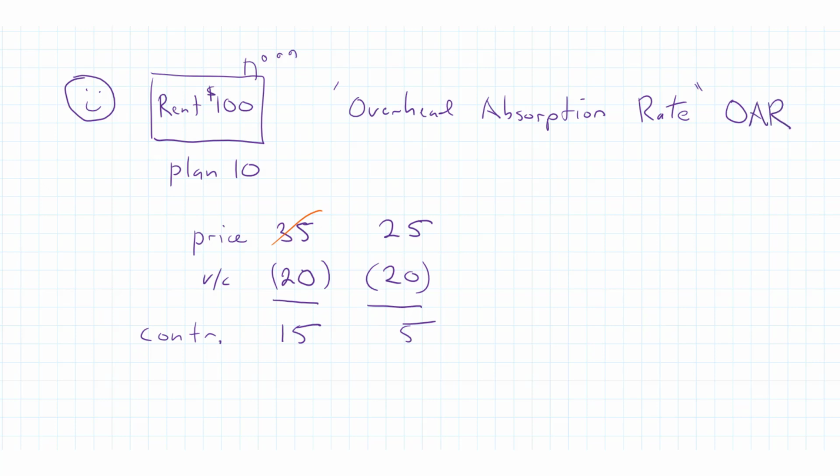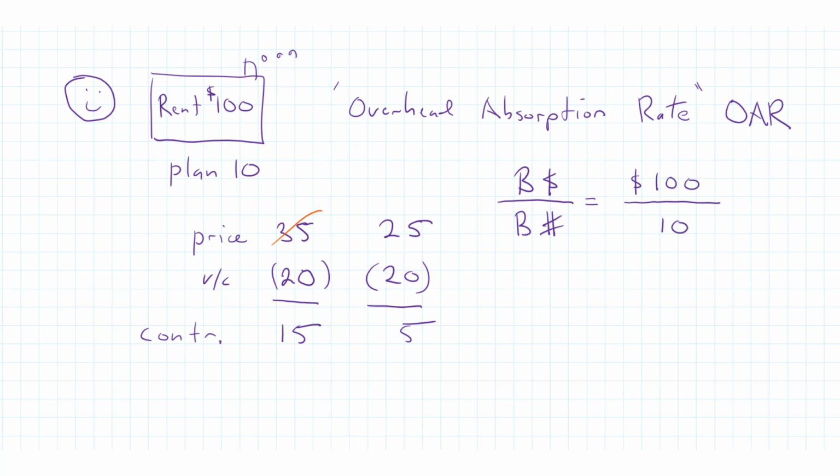The way we'll do that is we will take our budgeted overheads, and we will divide those by an activity. In this case, we're only selling one product, so we could do that by the unit. And if we do the math, we see that our fixed cost, our rent, is $100.